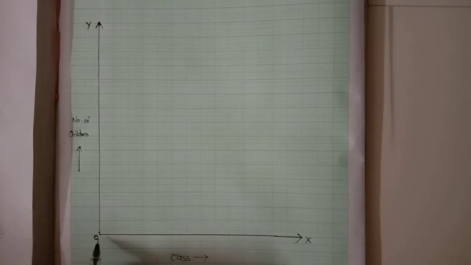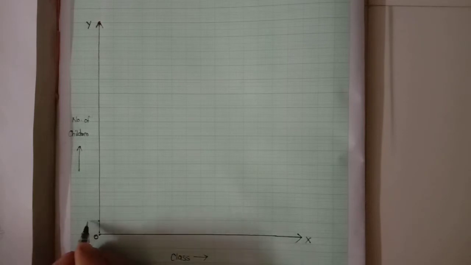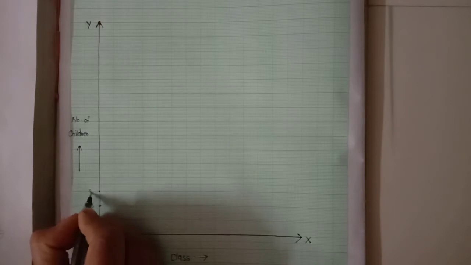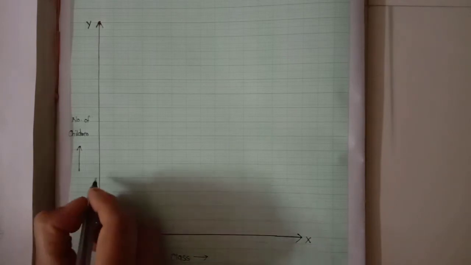So as you can see here, from the 0 in this upward direction, this first bold line will be your 10, because we are taking 1 unit equal to 10 children. Then this second bold line will be your 20, then this one will be your 30.